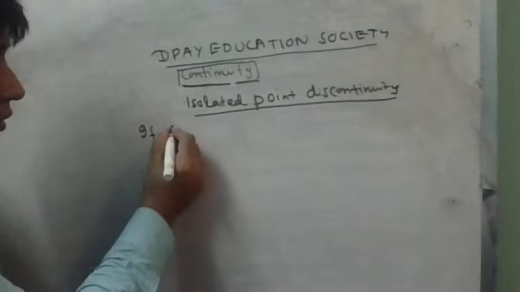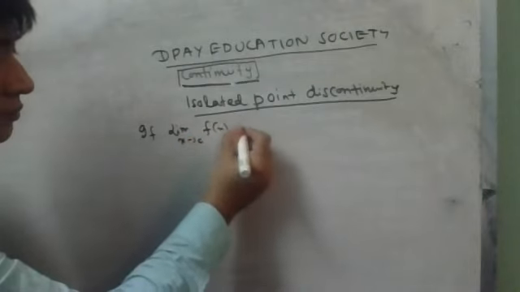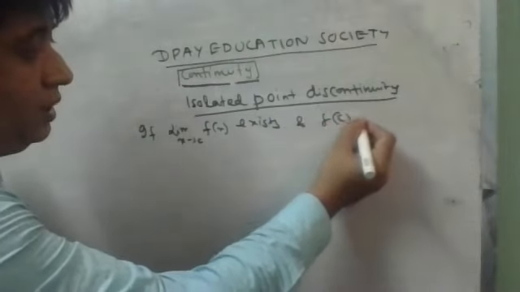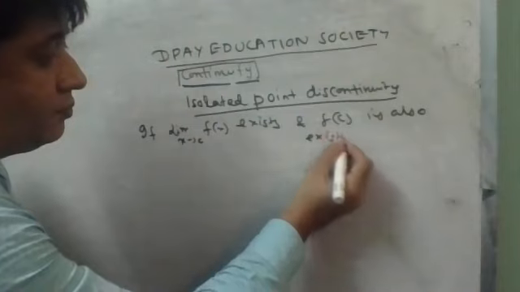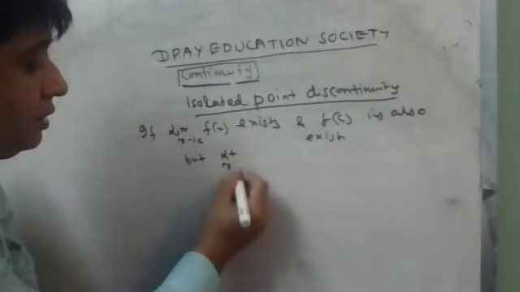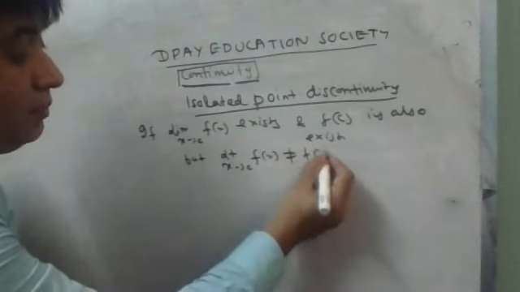If limit x tends to c f(x) exists and f(c) also exists, but limit x tends to c f(x) is not equal to f(c).